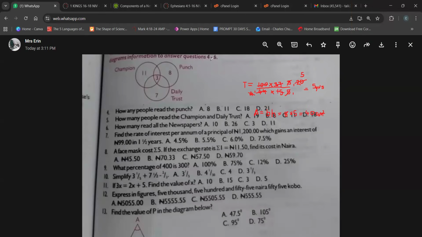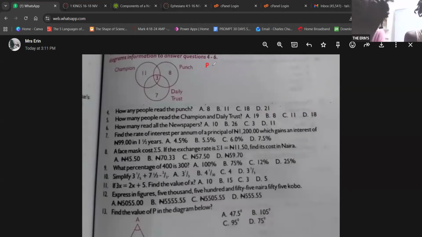So rate is equal to what now? 100 times interest. It always starts with 100 times interest, isn't it? 100 times interest over principal times time. In this case, the interest is what?